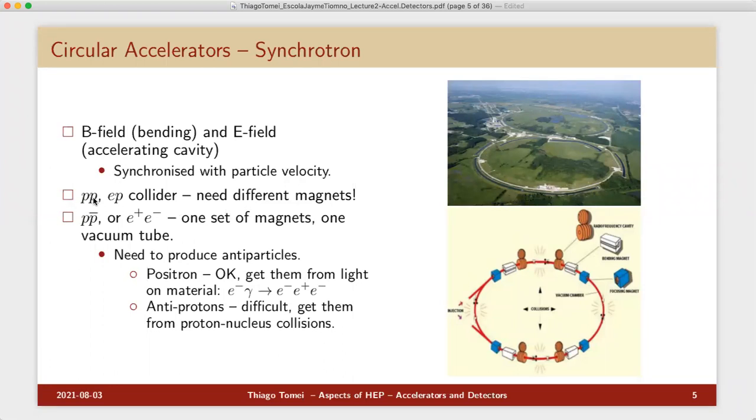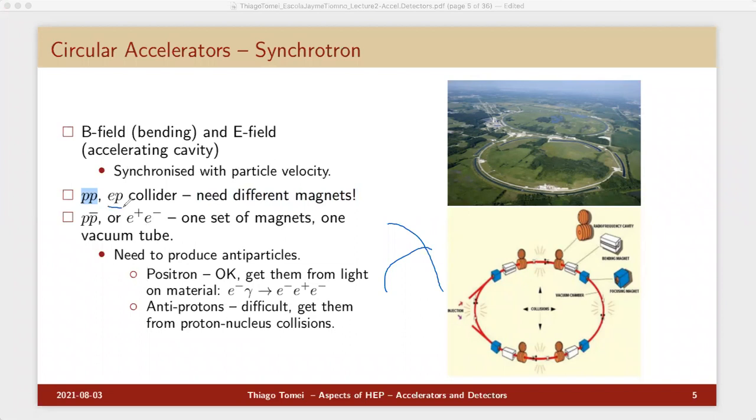If you want to have a proton-proton or electron-proton collider, you need different magnets for the different types of particles. Why is that? Because if it's both protons, sure, their masses and their charges are exactly the same, but they have to go in opposite directions. So you need one magnet to bend them in the clockwise direction and one magnet to bend them in the anti-clockwise direction.